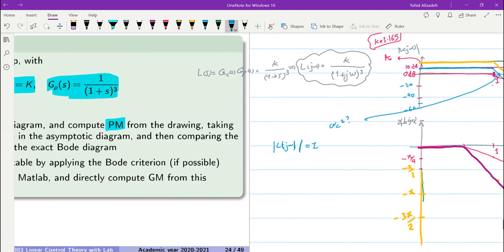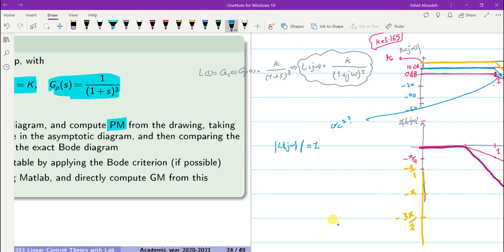We know that for this case, the amplitude of L of j omega will be equal to k, which is 3.165, times 1 over the square root of 1 plus omega squared to the power of 3. Through this we can find the exact value for omega.